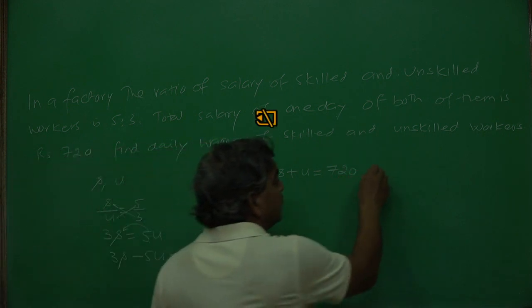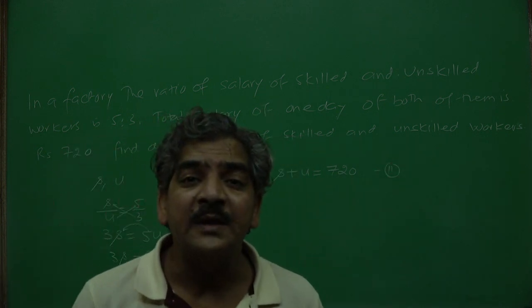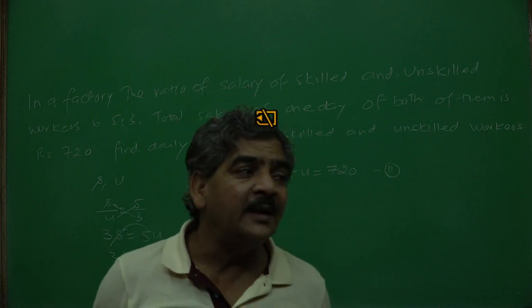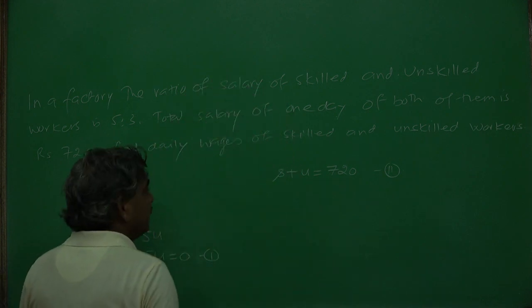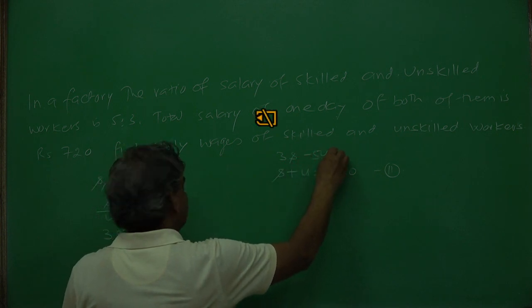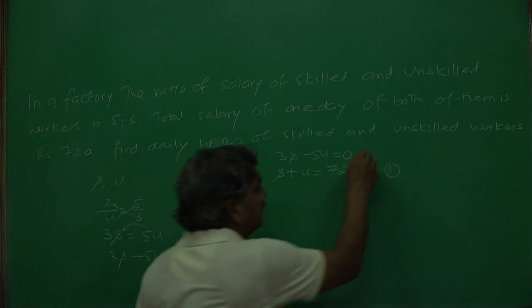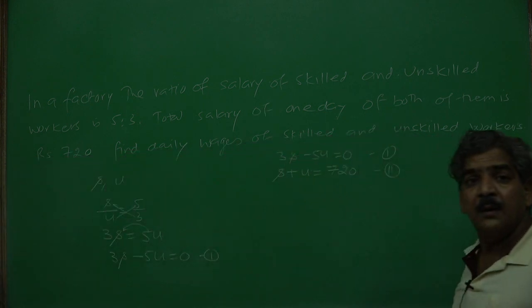So this is the second equation. So I generated two equations in two unknowns. Solve them simultaneously. Equation number 1 is 3s minus 5u is equal to 0. This is equation number 2.